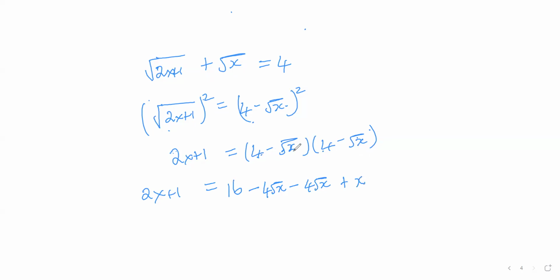I hope you understand why it's like that. Because negative root x times negative root x is like negative x to the power half times negative x to the power half. Now, negative times negative, first of all, becomes positive.